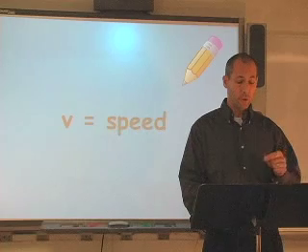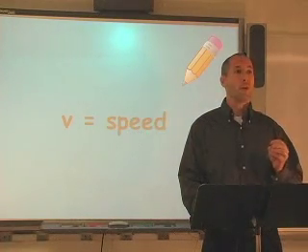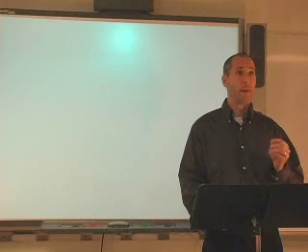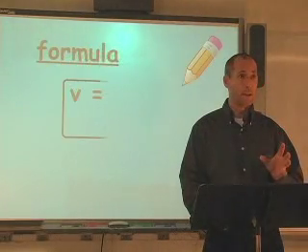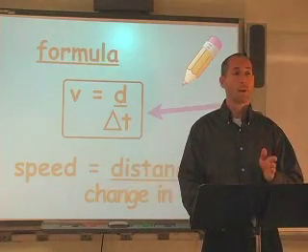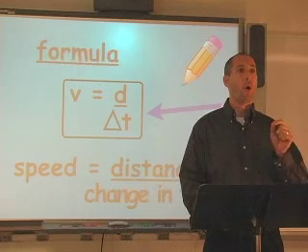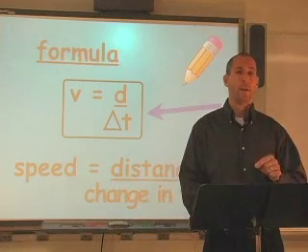An equation that's useful for calculating speed or velocity is v equals d divided by delta t. So please know that v equals d over delta t. And remember, we're going to say speed for velocity. So also write this down.